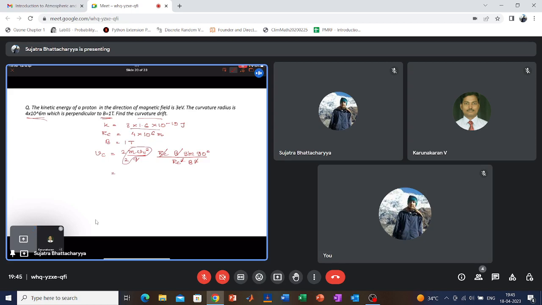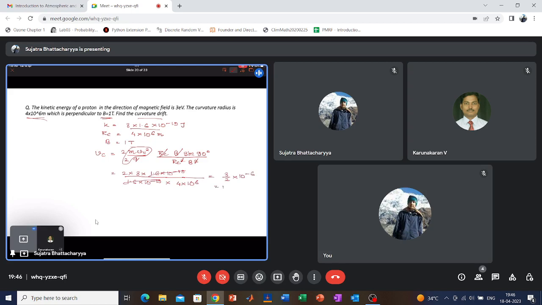So it will be 3 into 1.6 into 10 to the power minus 19, divided by 1.6 into 10 to the power minus 19 into 4 into 10 to the power 6. B is also 1. Therefore this and this are gone, so it's 6 by 4, so it's 3 by 2 into 10 to the power minus 6.